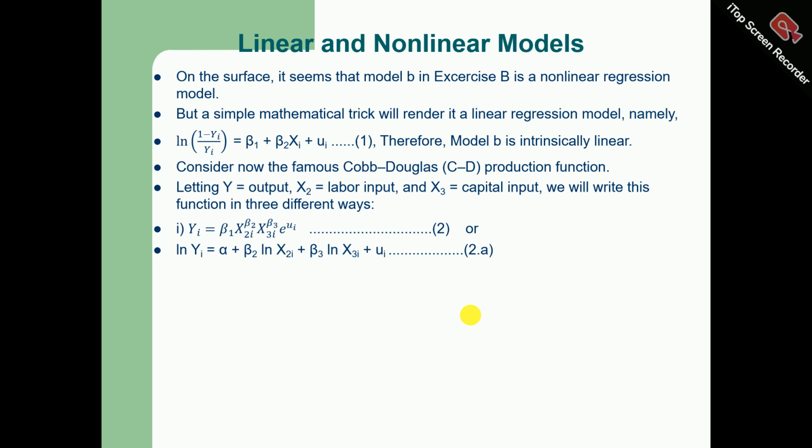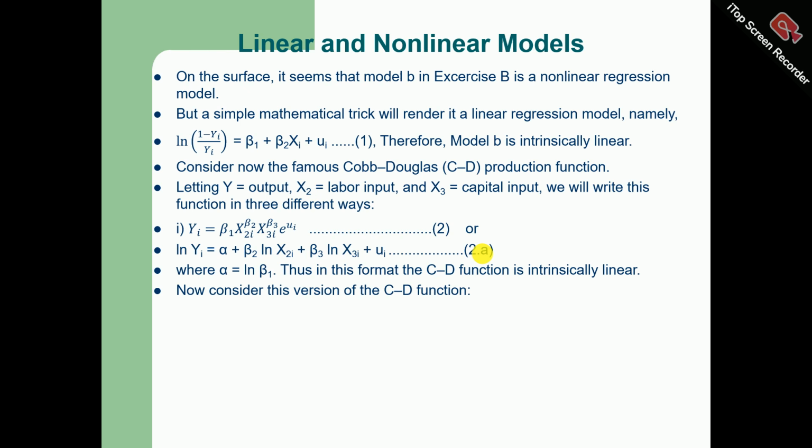Now this model will become linear. Taking natural log on both sides of equation 2, we get equation 2.a. Here alpha is equal to natural log of beta 1. Thus in this form the Cobb-Douglas production function is intrinsically linear.